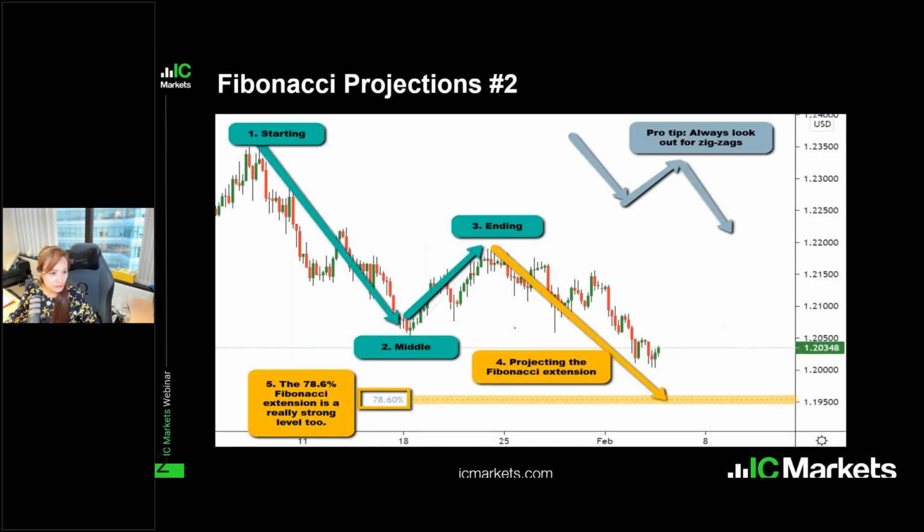Okay, this is the second example. Starting point here, your middle point, which is your 1 2, and then your ending point here. You project that price is going to 78.6% projection. Always look for the zigzag like this, or you can look for a zigzag like this.